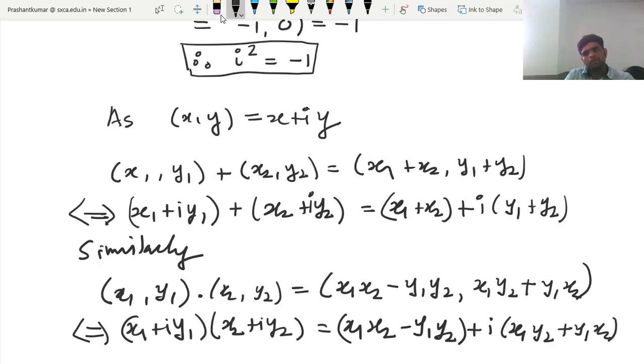Keep in mind that here we have used the fact that i squared is equal to -1. If you do the usual product, you will have x1 x2 plus iy1 times iy2, and due to i squared we have minus 1. So that gives you the quantity x1 x2 minus y1 y2.